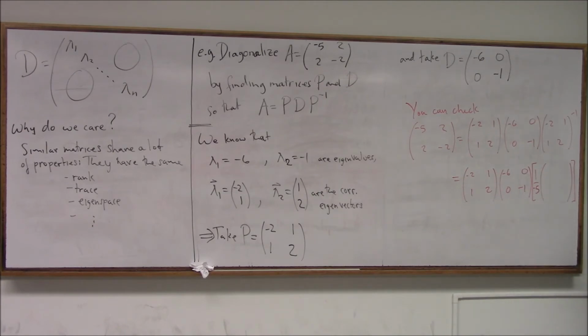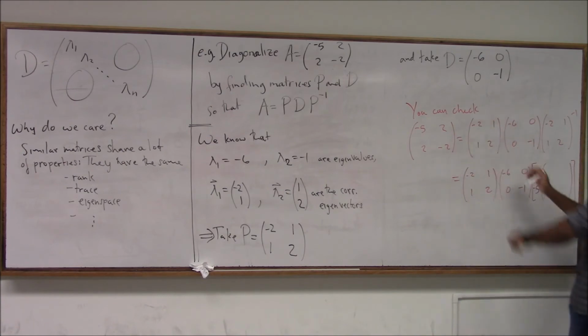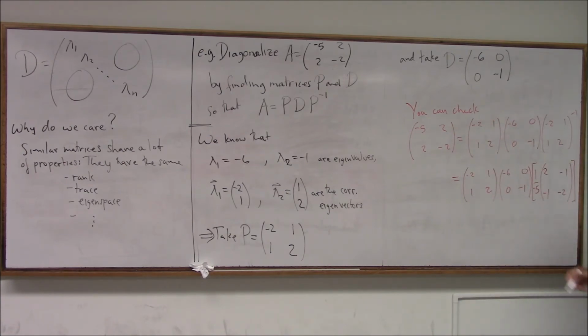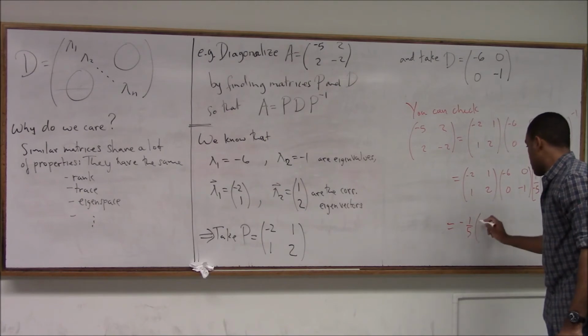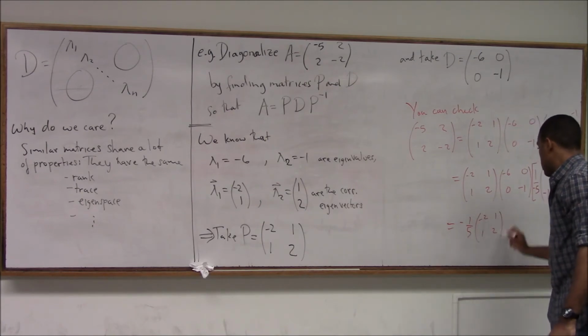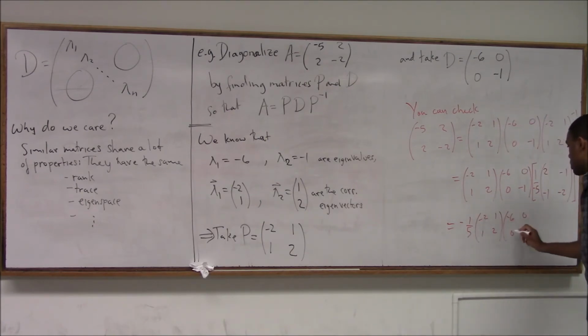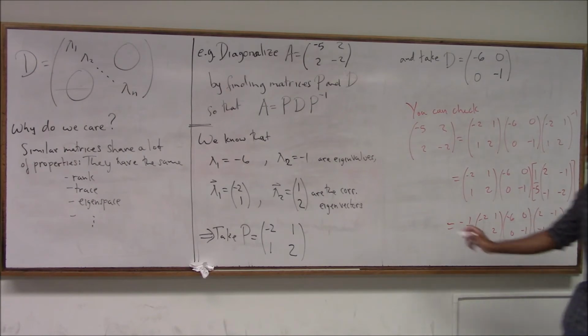And then you switch these on the main diagonal, and then you negate those guys. So you can actually do this. You can take minus 1/5 of [-2, 1; 1, 2] times [-6, 0; 0, -1] times [2, -1; -1, -2], and you will get this matrix.